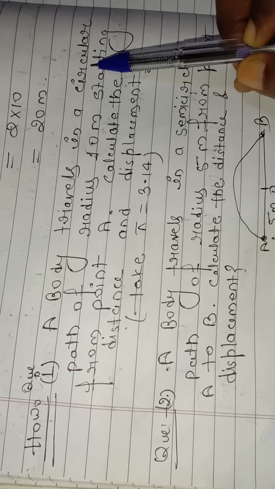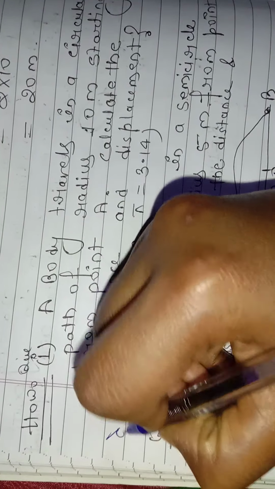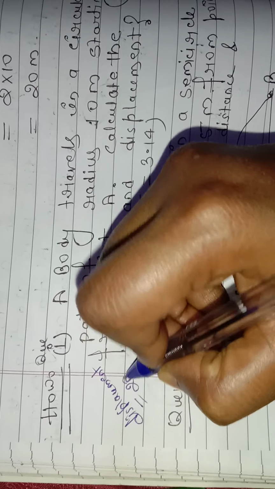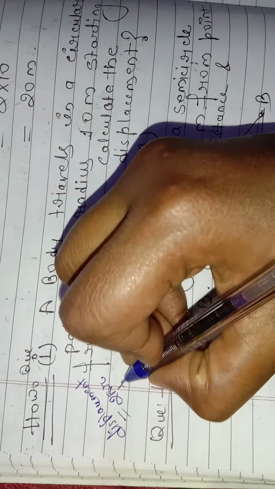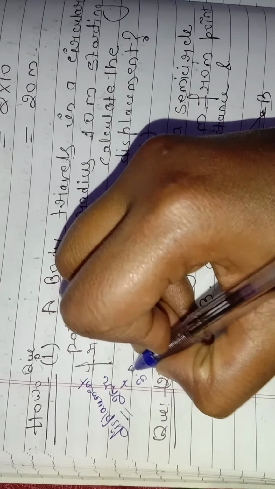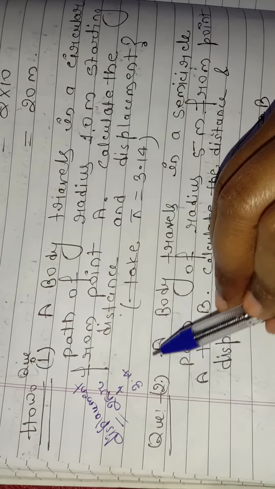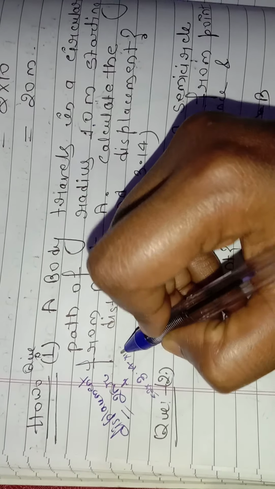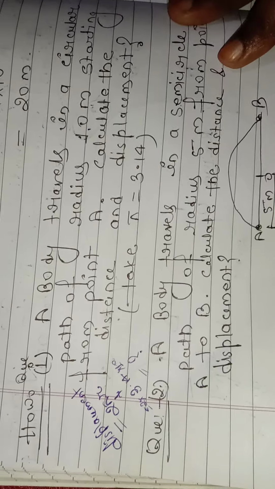So for distance you will use the circumference of the circle, 2 pi r, where pi is equal to 3.14, and what is the value of r? 10 meter. And it is equal to 2 into 3.14 into 10. Now tell me what is the answer.